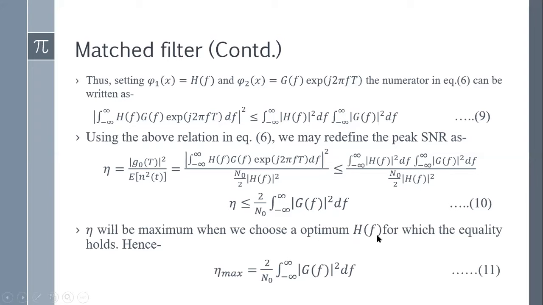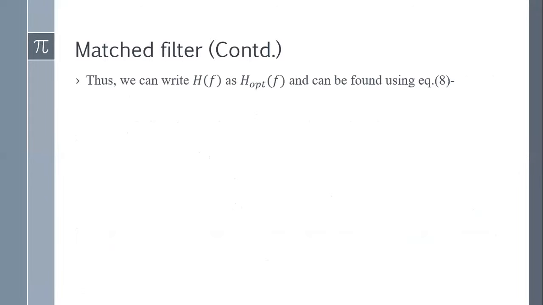Okay, and how can we find this optimum value of H(f)? It should meet the condition of the Schwarz inequality, which is phi 1(x) equals k times the conjugate of phi 2(x). So we can write H(f) as H optimum. H optimum(f) is equal to k times G conjugate(f) exponential minus j2 pi f t. Clear?